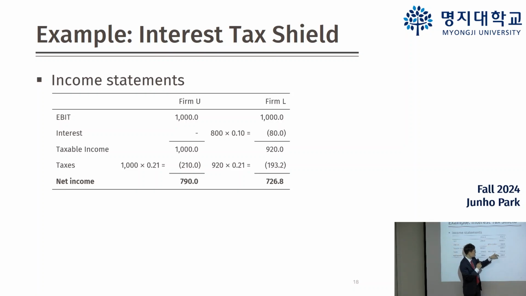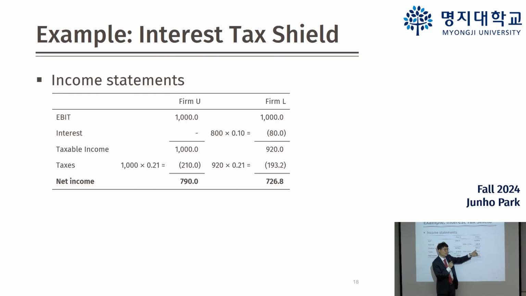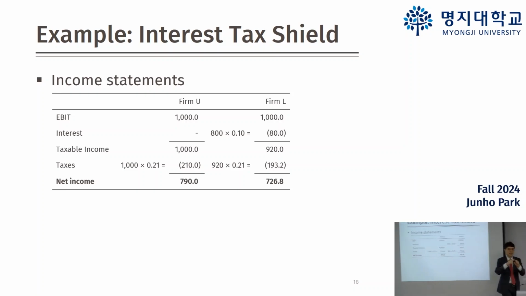Firm L is better in terms of paying less tax, because they can save some money as they consider their interest expenses in their taxable accounting. So this is a benefit, which is a kind of side effect.